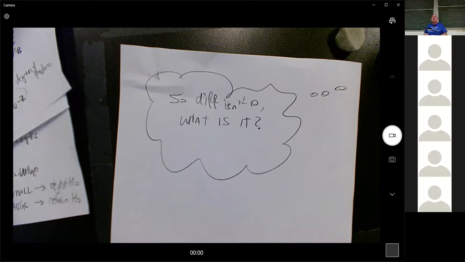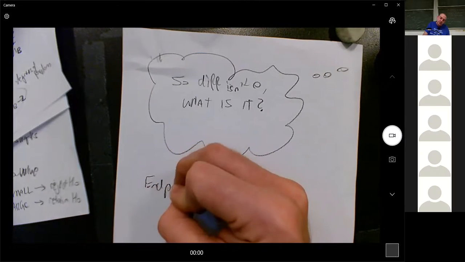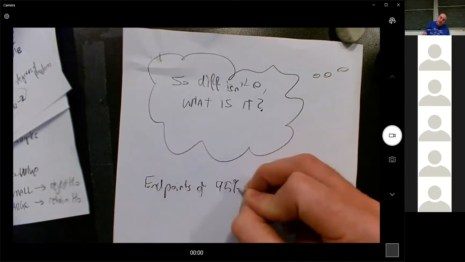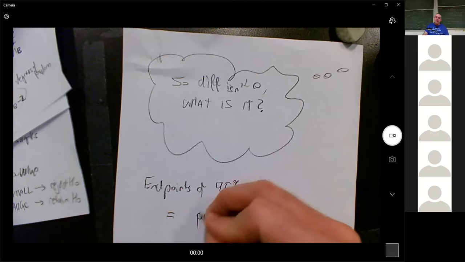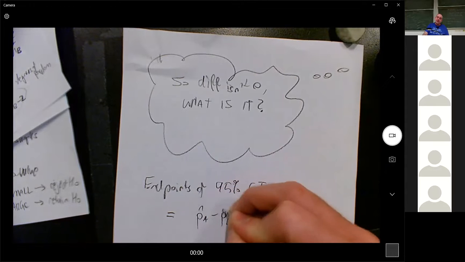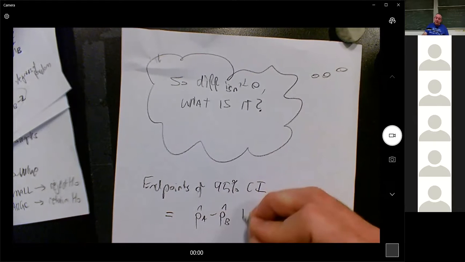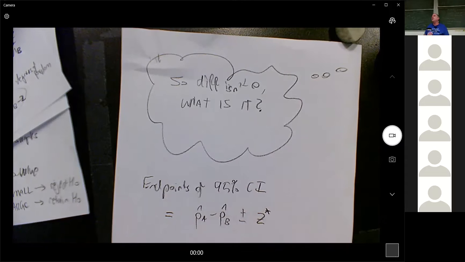You say, well, it's one of these numbers, somewhere between here and here. And so what you'll do is you'll say the endpoints of a 95% confidence interval would be my P_A hat minus my P_B hat. And this is a confidence interval for how far apart they are, plus or minus a critical value of the test statistic.